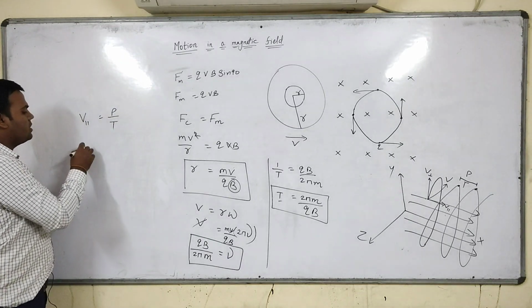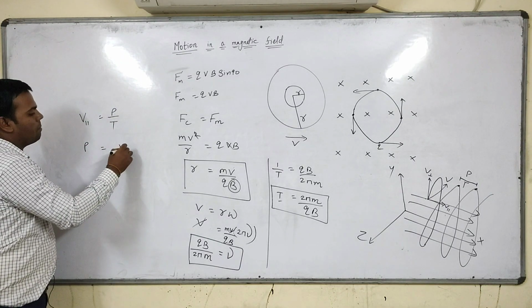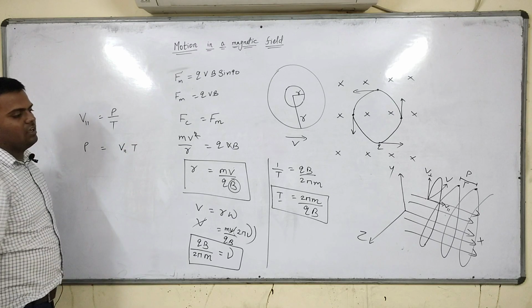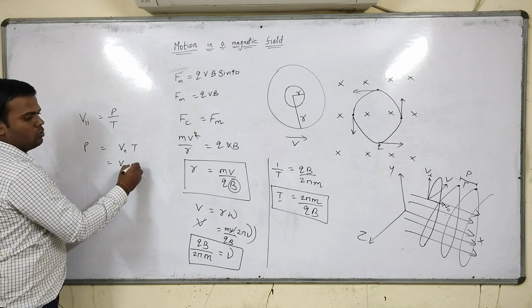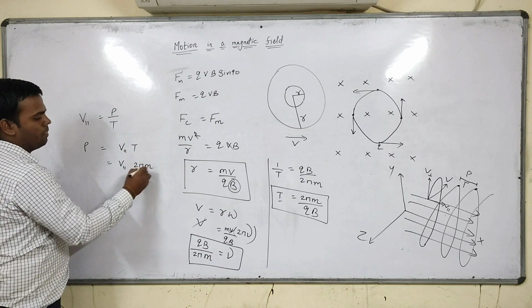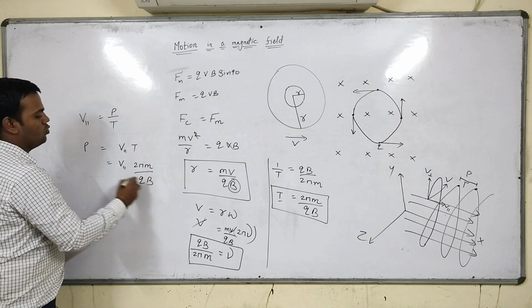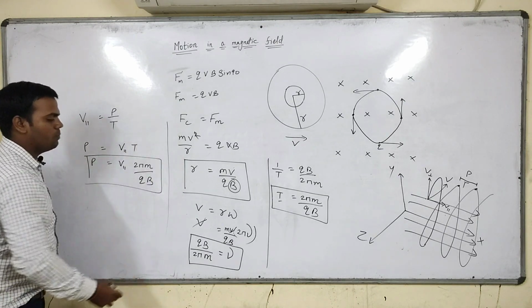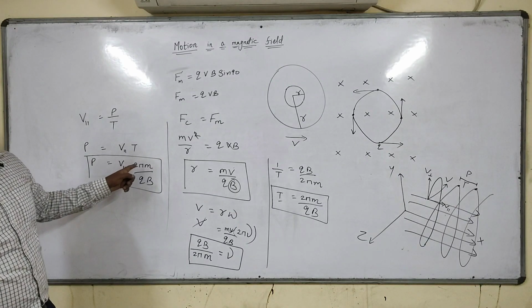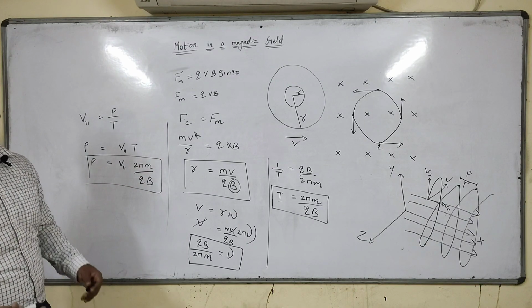So the pitch is v parallel into T, and as we know T is 2 pi m by q B. So the distance between the two peaks is v parallel times 2 pi m by q B.